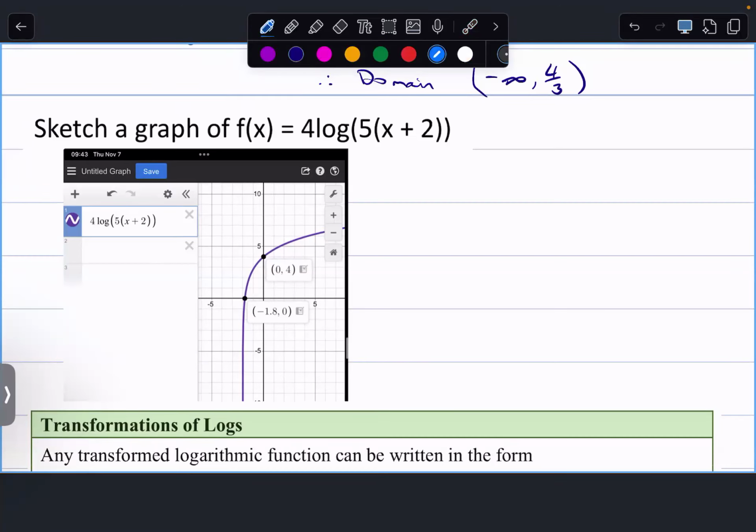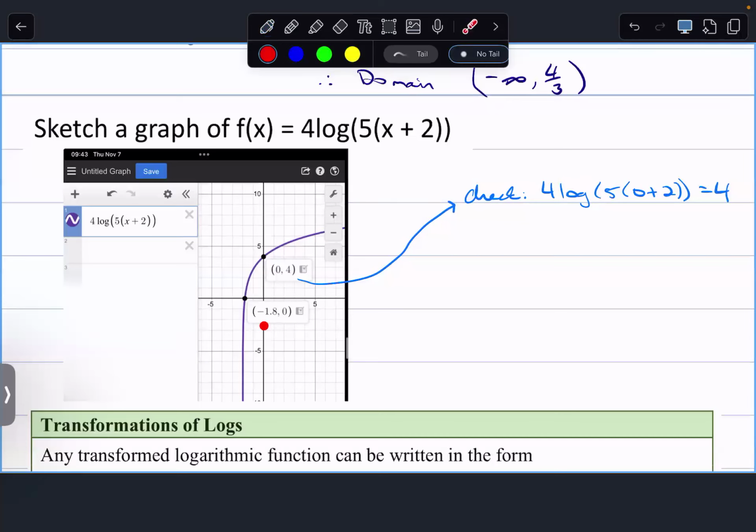Check: 4 times the log of 5 times 0 plus 2 is equal to 4. That's true. You can try it. We get 5 times 2 is 10. 10 to the power of something is 10. 10 to the power of 1 is 10. And so 4 times 1 is 4. Okay.